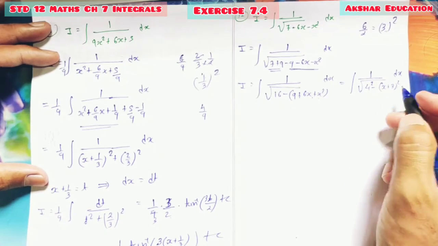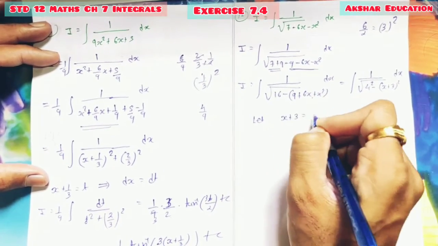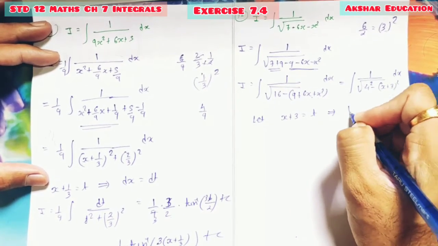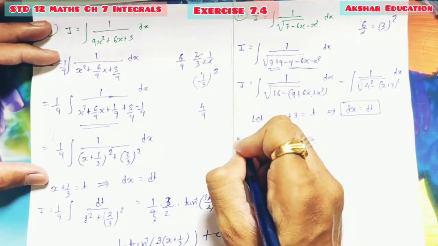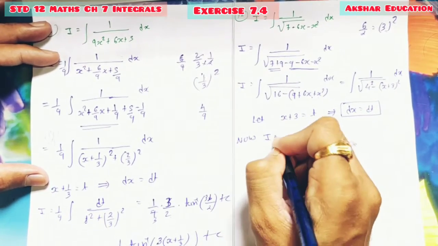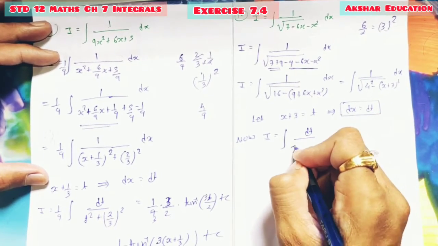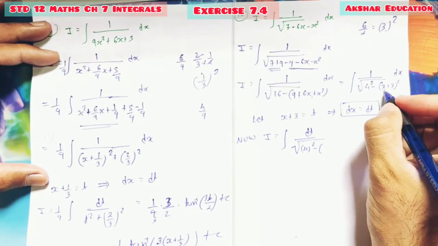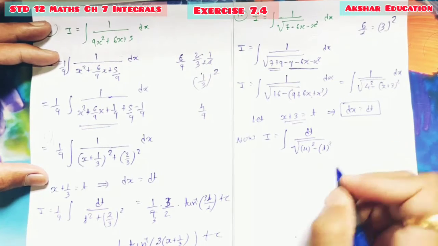So here taking x plus 3 equal to t, so let x plus 3 equal to t. So our dx is dt. So now our integration I is dt upon square root of 4 square minus (x plus 3) whole square. X plus 3 is our t, so it's t square.